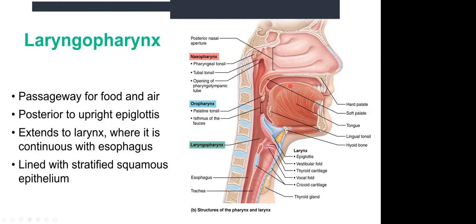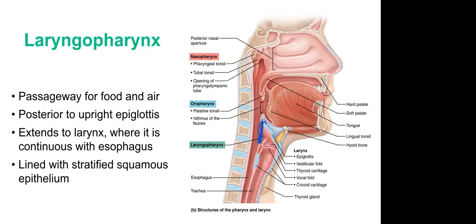Whenever you swallow food, what happens is that this epiglottis, let me get my little drawing tool, is actually going to fold over and block this segment so that food can go down the esophagus, and so that food does not go down the windpipe.